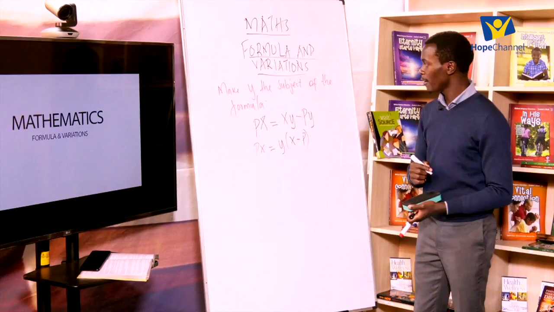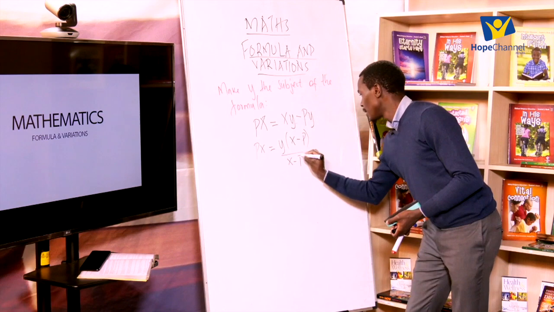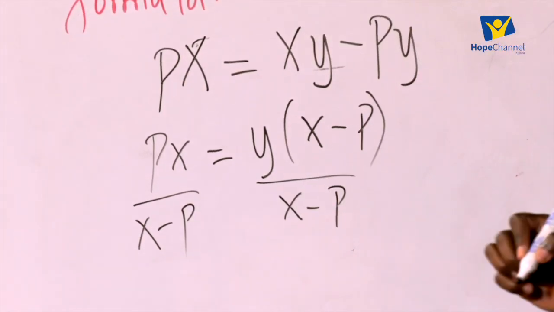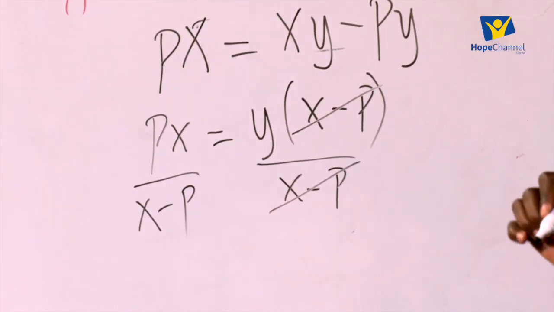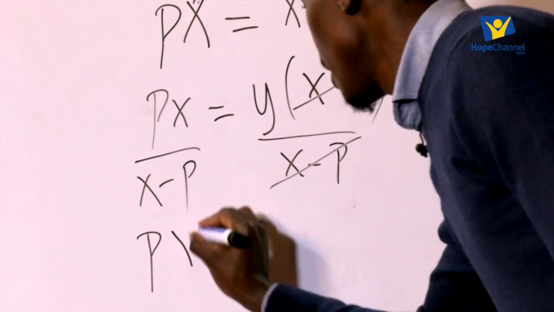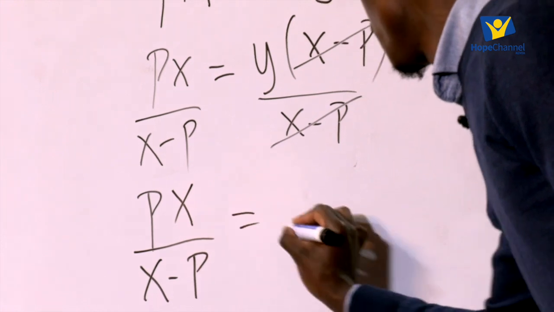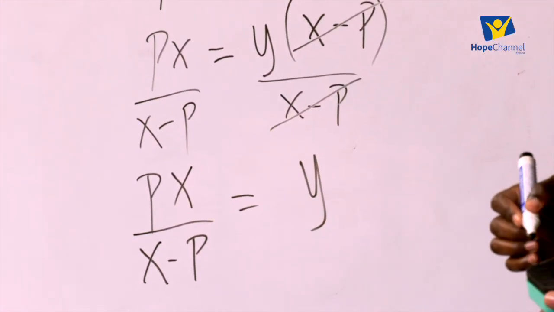So by making y the subject of the formula, we will divide x minus p on both sides, so that we remain with y on the other side. So x minus p cancels with x minus p on the right hand side, and that leaves us with the answer px over x minus p being equal to y. That way we shall have made y the subject of the formula.